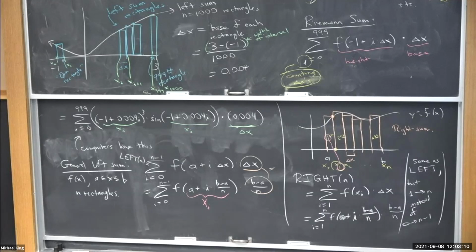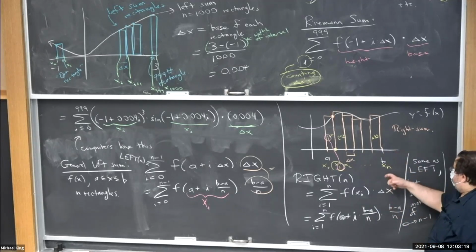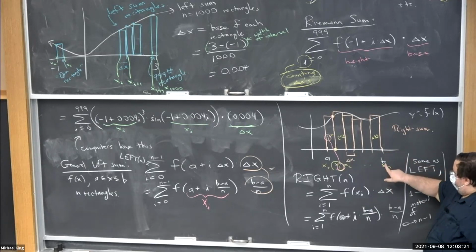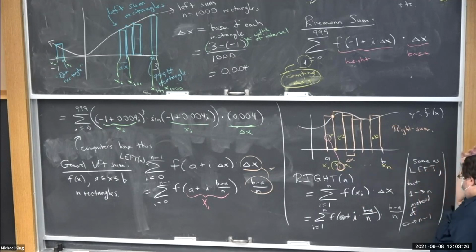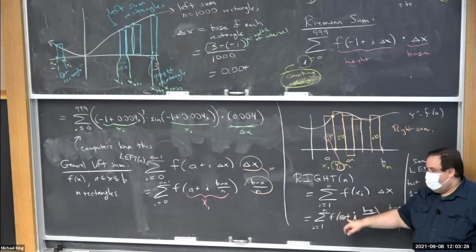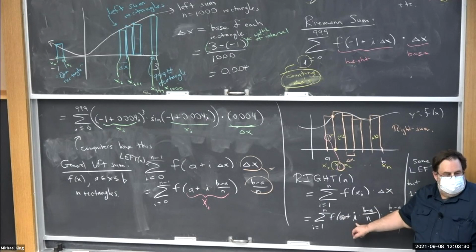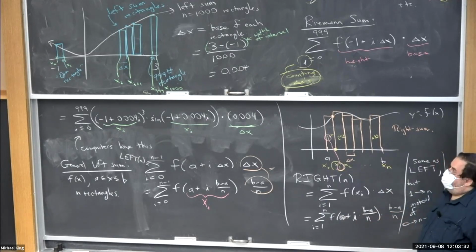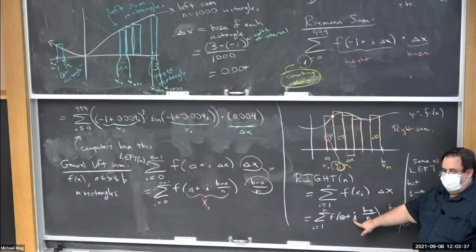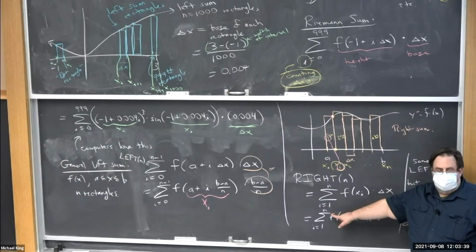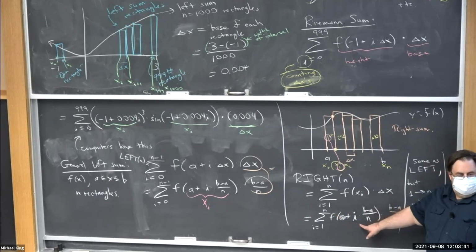And the one reason I wanted to write this out is it's kind of fun to see that the last point you're going to plug in really is b, right? That's if you plug in n for i. That's the last term of the sum, i equals n.